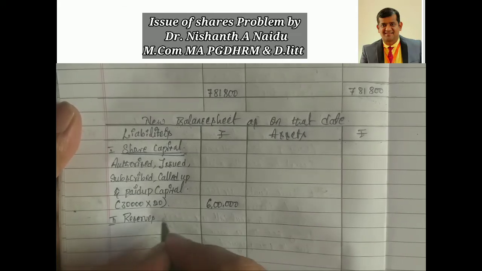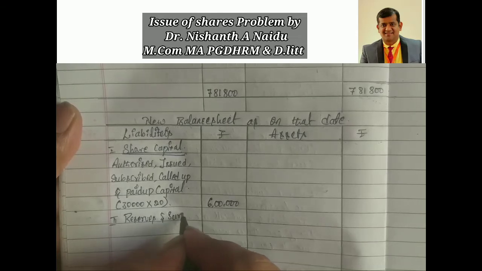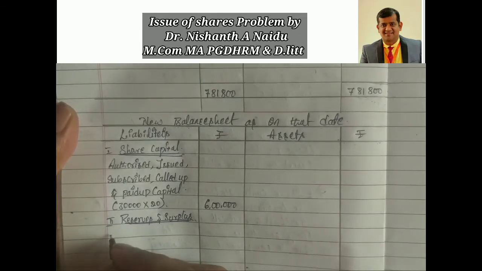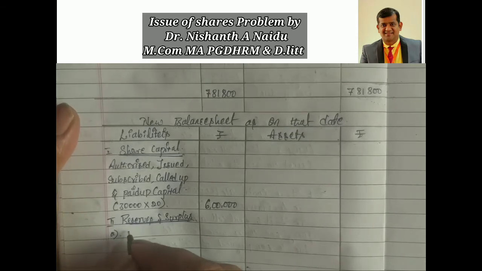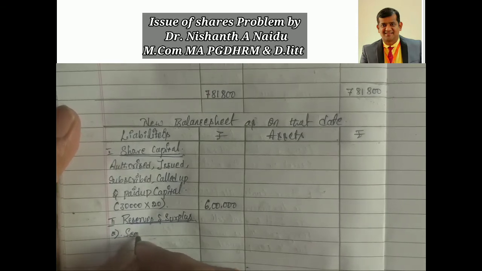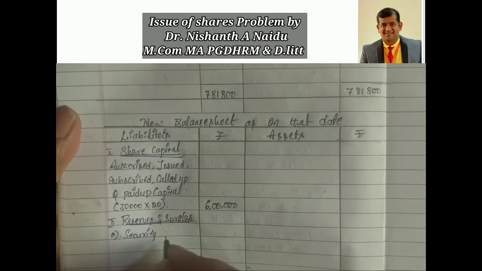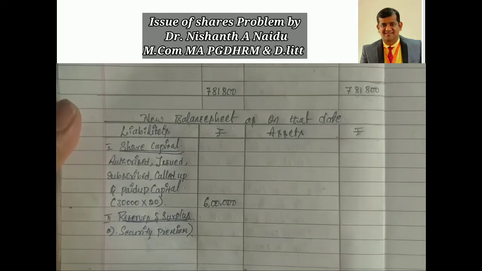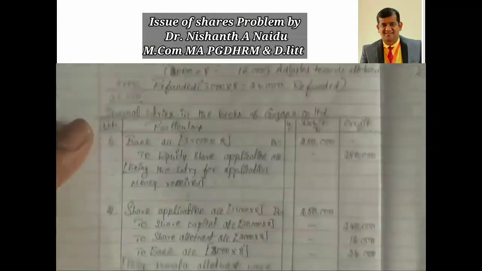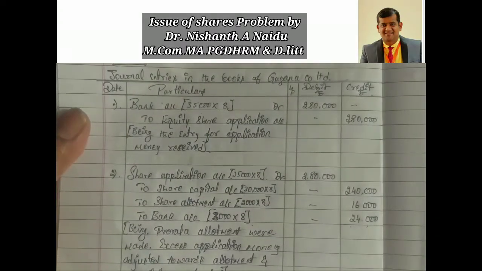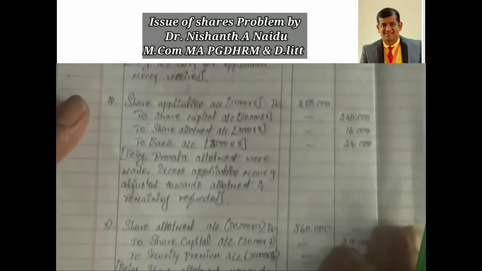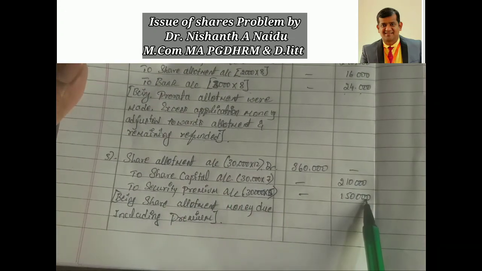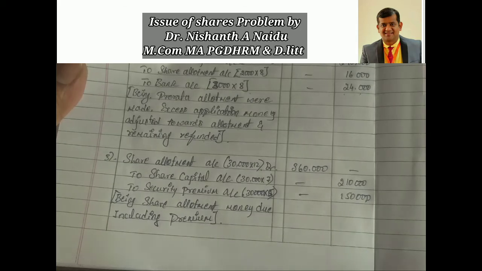Under reserves and surplus, point A, we are going to have security premium. So how much is the security premium? If you open the journal entries, you are going to get security premium. That is how much security premium we have collected in the third entry. Security premium is 1,50,000 rupees.